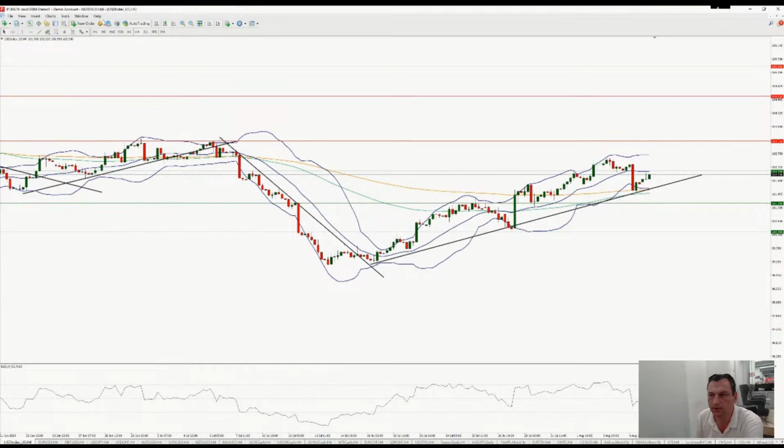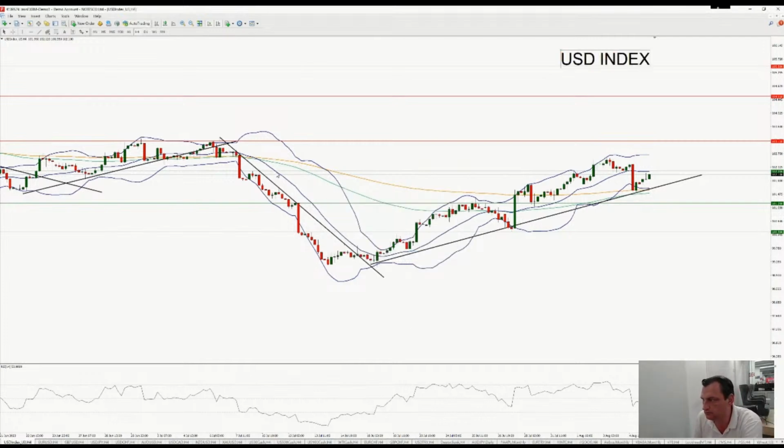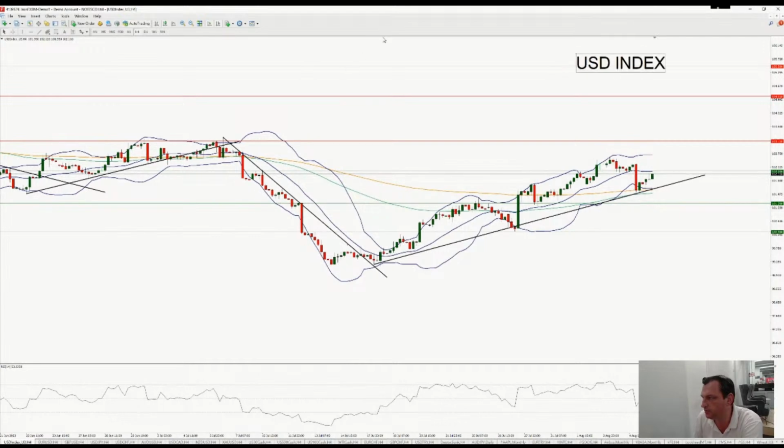Okay, so we've got everything practically here. Let's start adding labels, starting with the trading instrument, which is the US dollar index. Coloring this in black. There you go. Pretty visible.